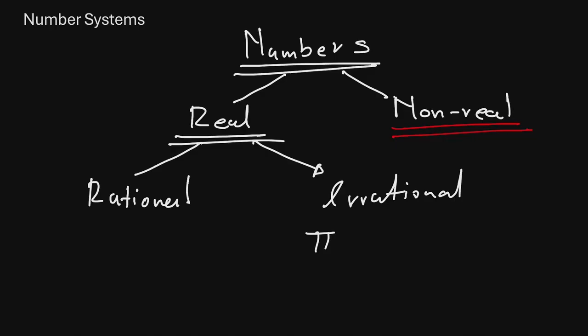You can also punch in the square root of 2. If you punch the square root of 2 in your calculator, you get 1.414 and a lot of numbers after the comma that don't make any repetition or pattern. So those numbers cannot be written as a fraction, and we call them irrational numbers.